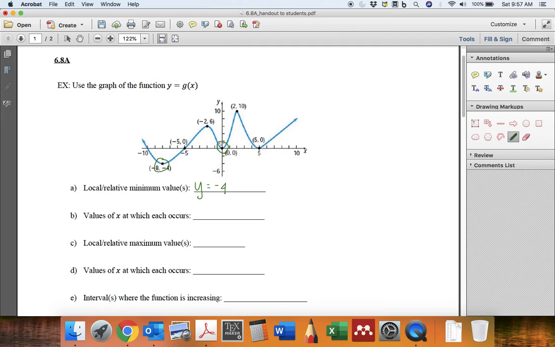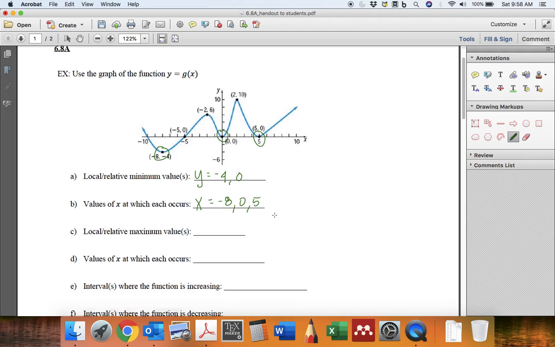Then there's another at 0. And then this is also a local minimum, but we don't need to write it twice because the local minimum is the y value. And then each of these occurs at x equals -8, 0, and 5, respectively.